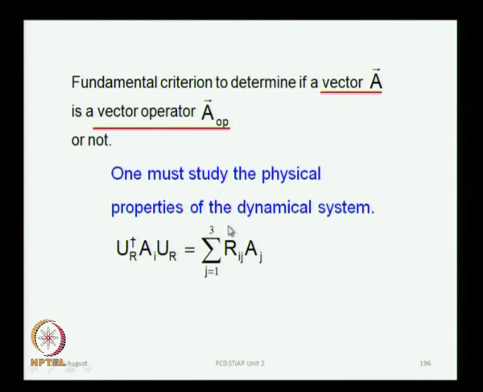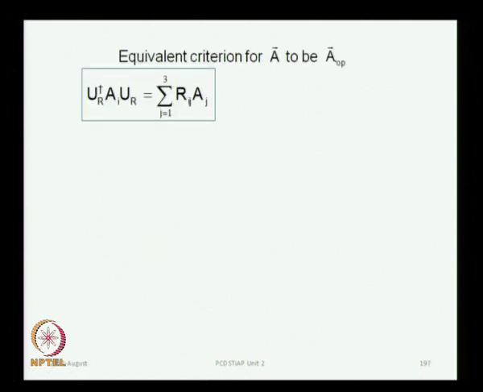response to the rotation. So, let us find an equivalent criterion for this. This is the response of a component to rotations, and the corresponding equivalence with Cartesian components is given over here: if this relation holds, then the commutation of Ai with Ji would vanish when both are the same components.